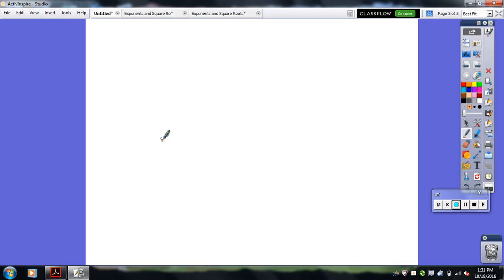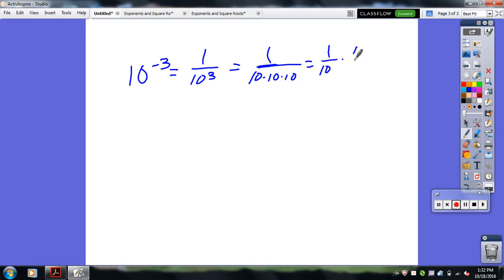And the last thing is just to show you different things they like to ask on the SOL. They may start with 10 to the negative 3, and then they'll say, is this the same thing as that? Yes, it is. Is it the same thing as 10 times 10 times 10? No. Is it the same thing as 1/10 times 1/10 times 1/10?